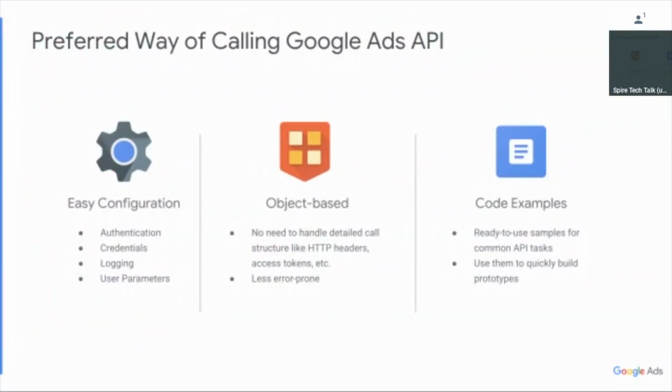All right, so the client libraries are the preferred way of using the Google Ads API. There are three broad reasons why we recommend the client libraries over making the calls by hand. The first one is easy configuration. If you're working with the API, as we saw in the morning, there are a lot of things other than just making the API call.